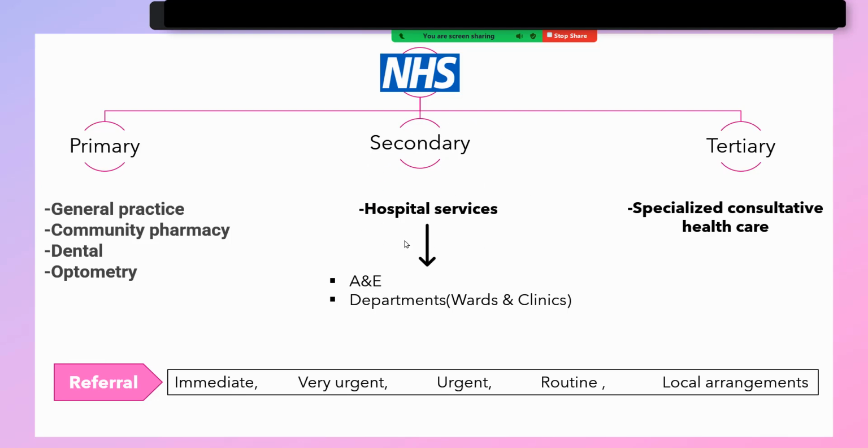Okay, in secondary care, the patient should be referred. The specialists cannot see the patient without referral. The GP or the optometrist or the pharmacist should refer the patient to the clinics or the departments in the hospital.